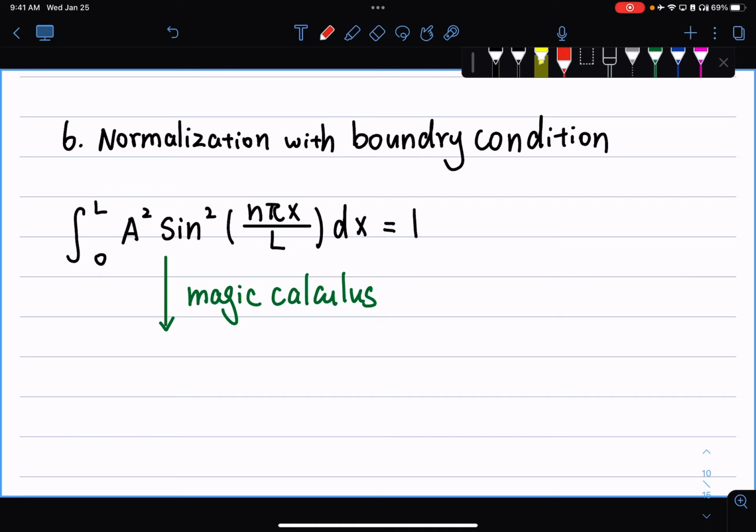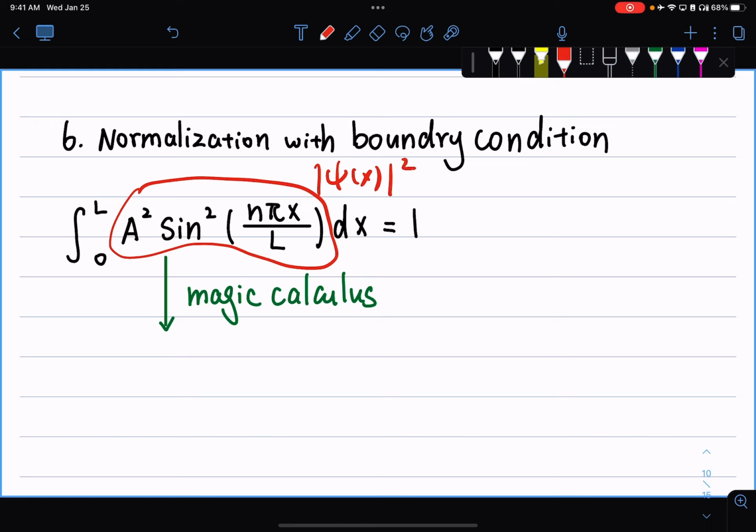What the probability density function requires is that if we integrate over every space inside this box from 0 to L, using the wave function we have solved for, phi(x) absolute value squared, the probability must add up to 1.